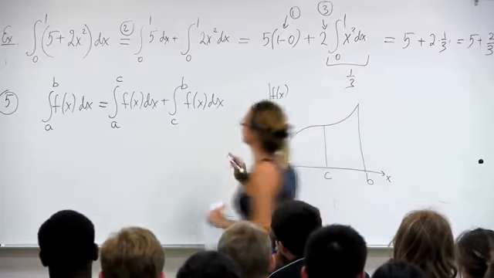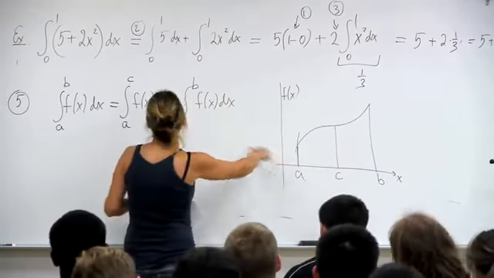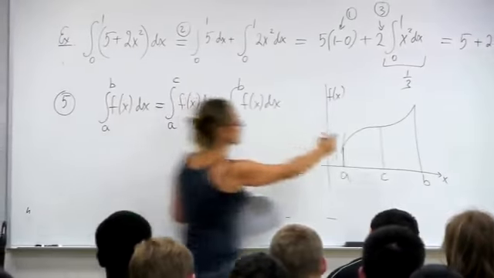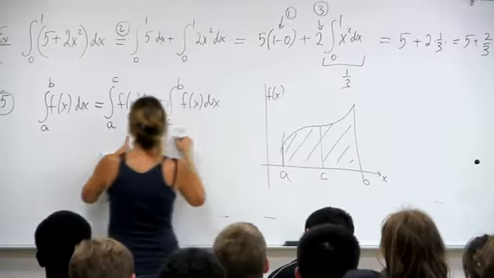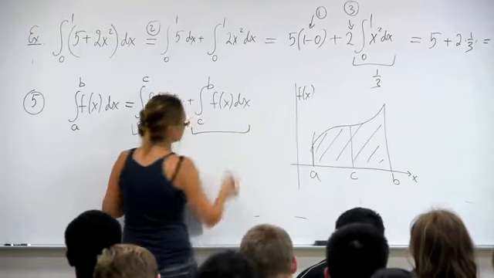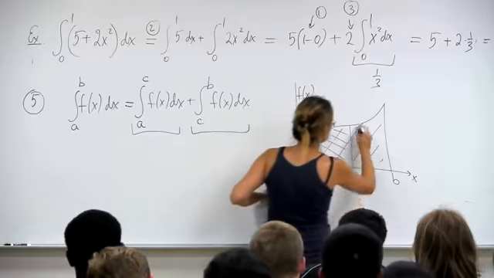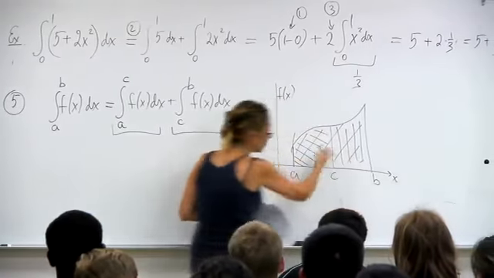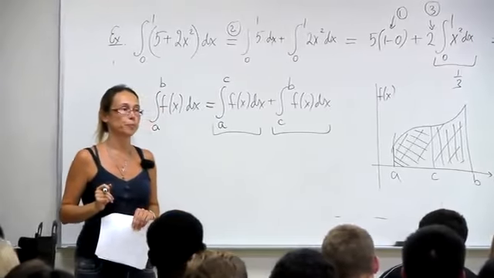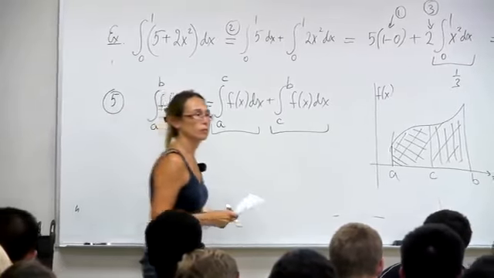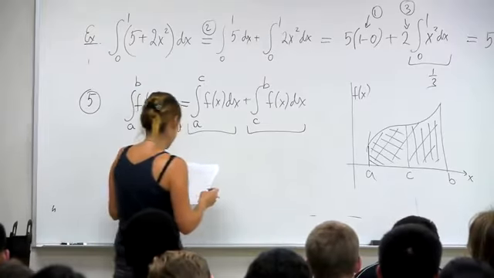And you can prove it, of course. But here we illustrate it with an example that is more obvious. On the left, we have the area under this curve, the whole thing. Now on the right, we have two integrals, which is this area and this area. You add up the two, and you get the full thing. Right? So this is the meaning of this property.